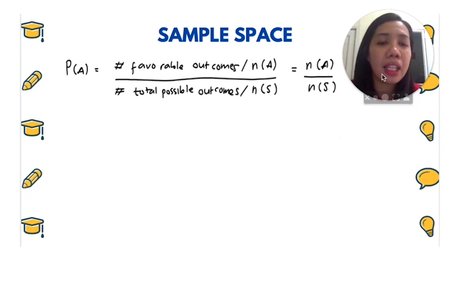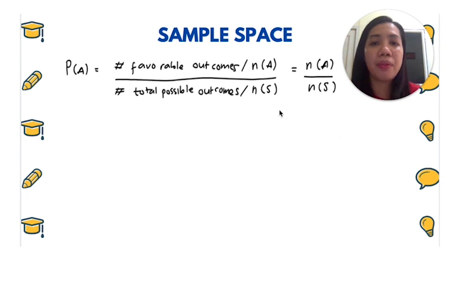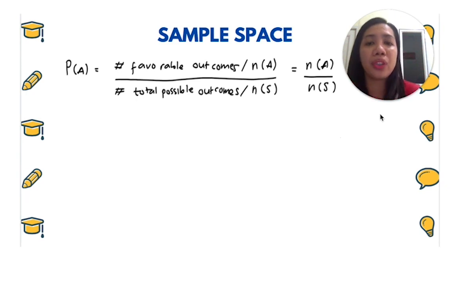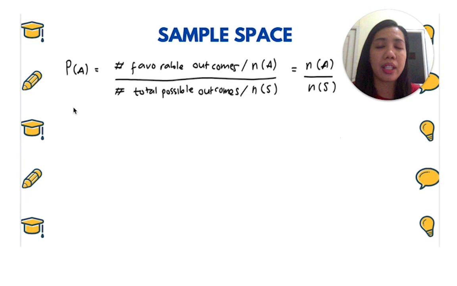We can write it short like this, N of A. Then we divide it by the number of total possible outcomes, which we can write short as N of S. So the number of total possible outcomes is what we call a sample space. So before we calculate the probability of event A, we have to understand how to determine the number of total possible outcomes.